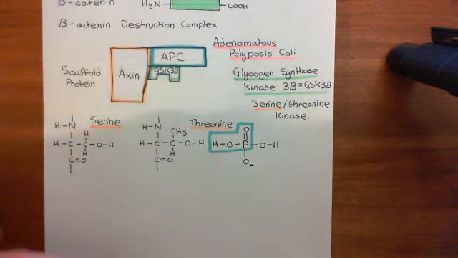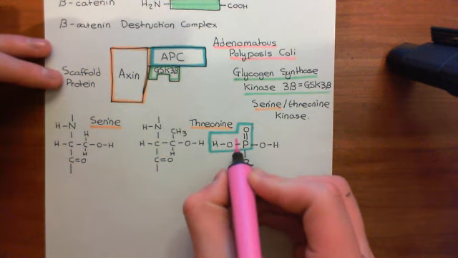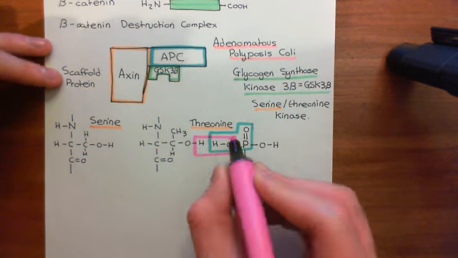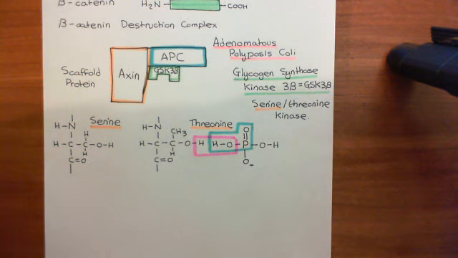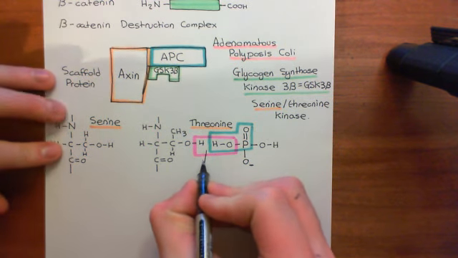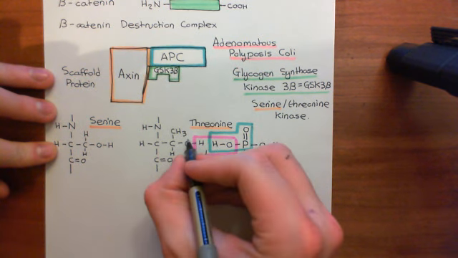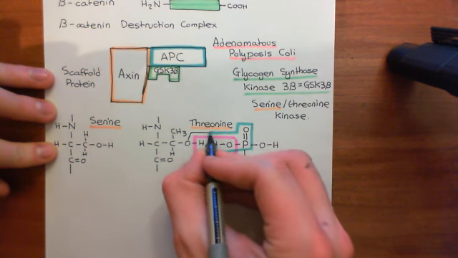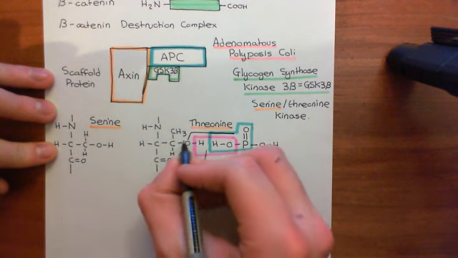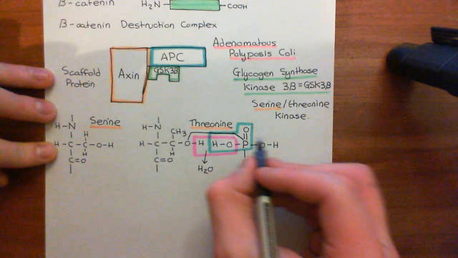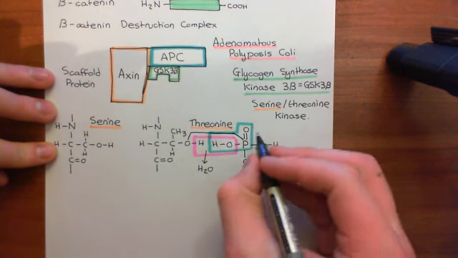So what's going to happen is you're going to take the alcohol group off the phosphorus atom. You're going to take the hydrogen off the alcohol group. You will combine that alcohol group with the hydrogen to produce water. That's why this is a condensation reaction. And you will then bind the oxygen atom of the serine or threonine residue's alcohol group to the phosphorus atom of the phosphate group here.